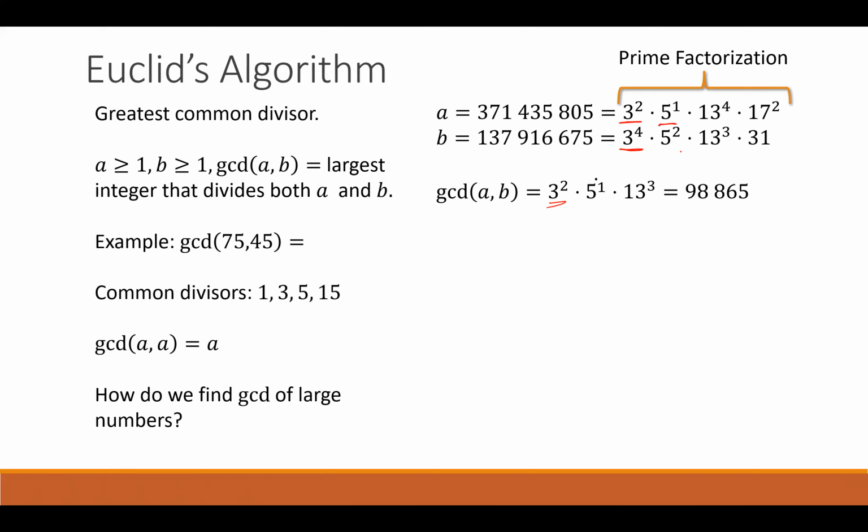Here I have 5 to the 1 and 5 squared. Well, I have 5 to the 1 in common. 13 to the 4 and 13 to the 3. I have 13 to the 3 in common. And these have nothing in common. So once I find all the common factors, I simply multiply them out and I get the greatest common divisor. Okay, so that's one way to find it.